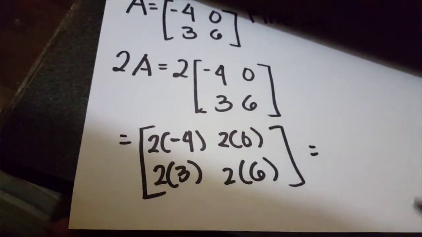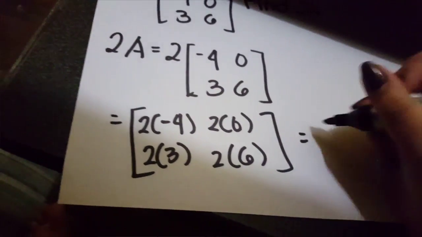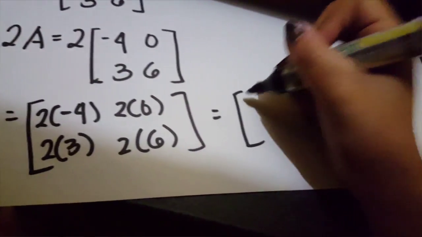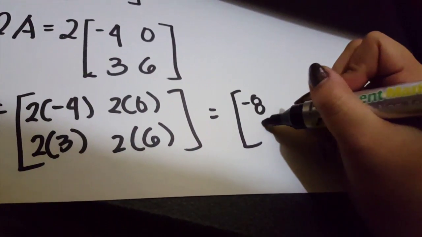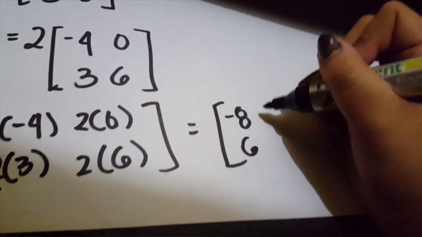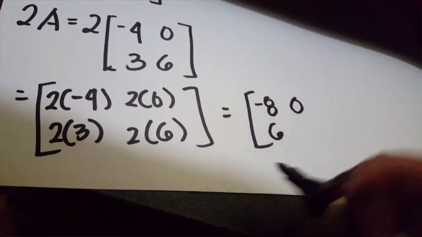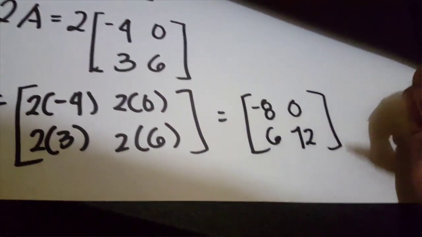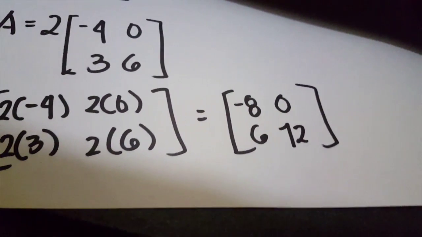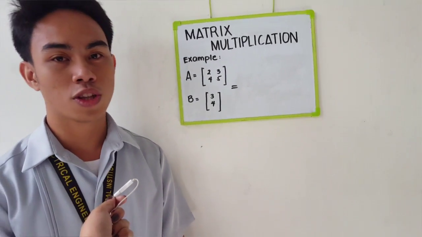So the answer here is 2 times negative 4 is equal to negative 8. 2 times 3 is equal to 6. Then 2 times 0 is equal to 0. And then 2 times 6 is equal to 12. So that's the answer.